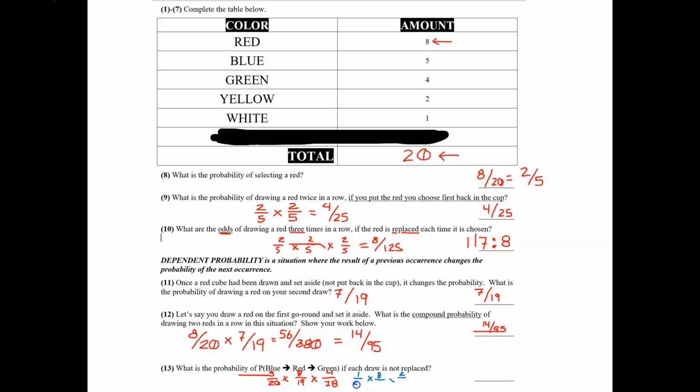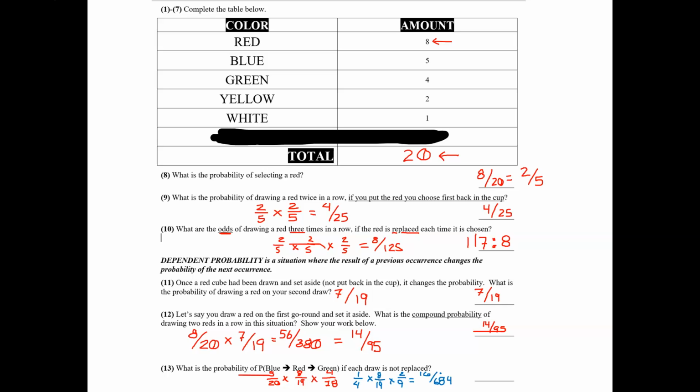So I'm sorry, we had 1/4. We had 8 over 19. We had 2/9. Okay, then we can do our multiplication. 1 times 8 times 2 is 16. And then 4 times 9 times 19 is 684. Well, both 16 and 684 are even.